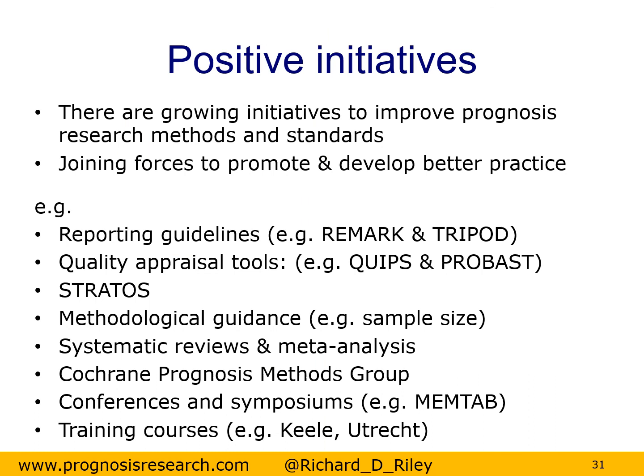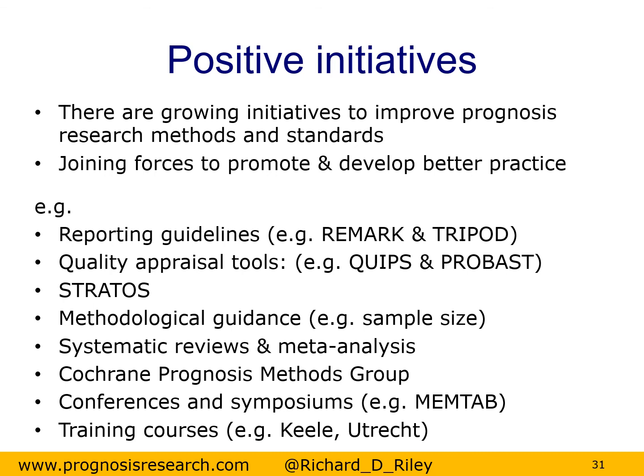Alongside the Progress framework, there's been many other positive initiatives. For example, reporting guidelines have come into play: REMARK for prognostic factors and TRIPOD for prognostic models. Quality appraisal tools, for example, QUIPS for factors and PROBAST for prediction models. STRATOS, a group of methodologists aiming to identify good standards and good practice for statistical methods and reporting in observational studies.